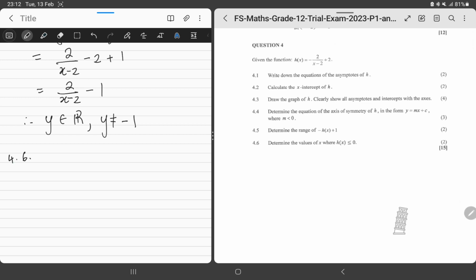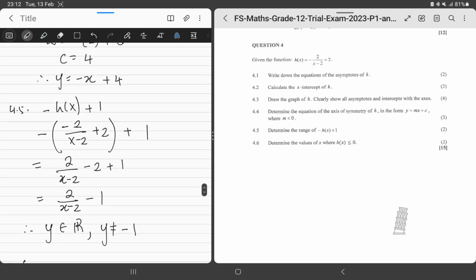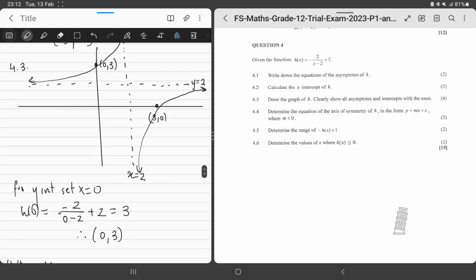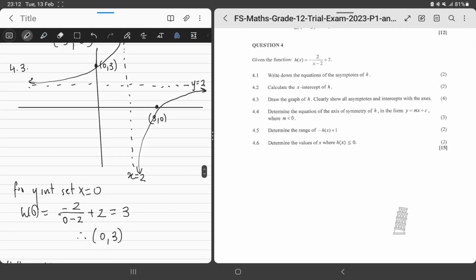4.6. Determine the values of x where h of x is less than or equal to 0. So I'm just going to go to my sketch. So they want to know where h is below the x-axis. h is below the x-axis from there all the way to before 2. Remember, the graph doesn't touch the asymptote, but it gets very close.